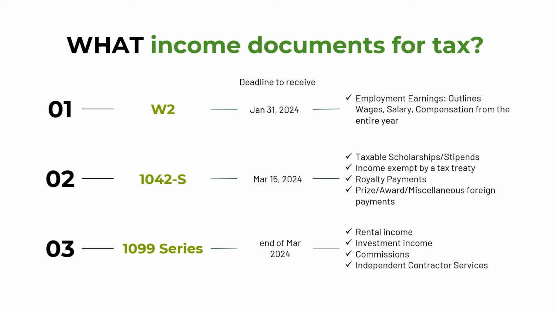Commissions also receive this form. The most common type of income you could receive this document for is if you provide independent contractor services. Typically, if you work independently, not as an employee of a business, but as a contractor, you can expect to receive a 1099 series document. You should receive your 1099 series document by the end of March 2024 for the 2023 tax filing year.